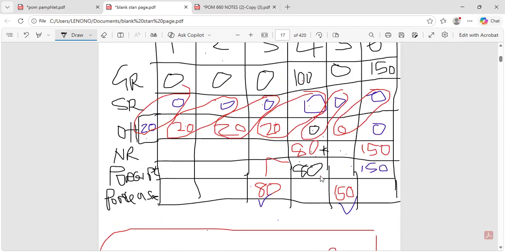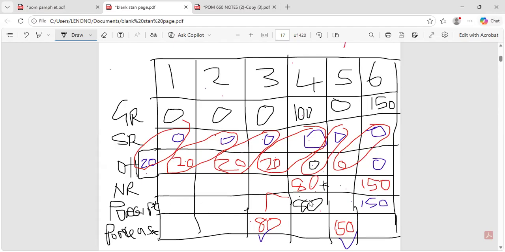These planned order receipts, he takes them up there to the scheduled receipts. Take note of that one. So like this 80, we remove it from here. It should come up on this point. And this 150 comes from here, it should come up there.